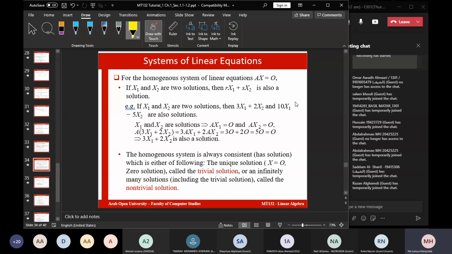We were saying that linear systems either have a unique solution, or infinitely many, or no solution.